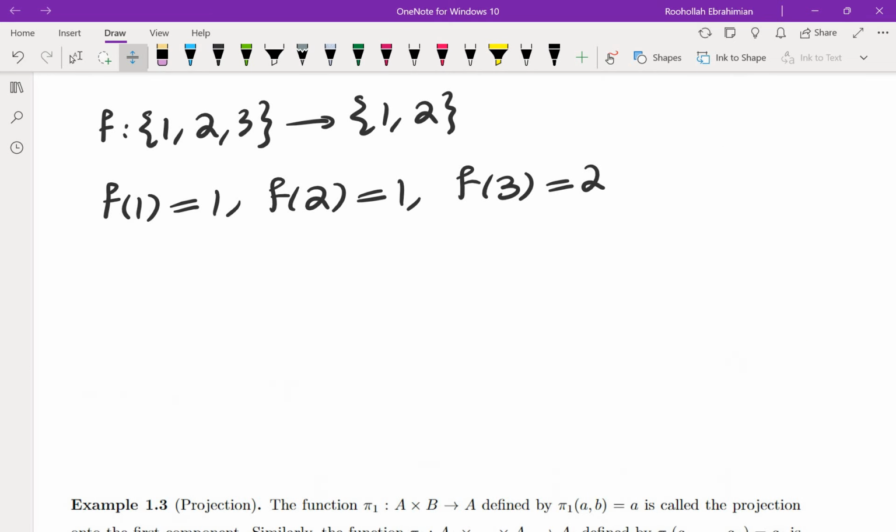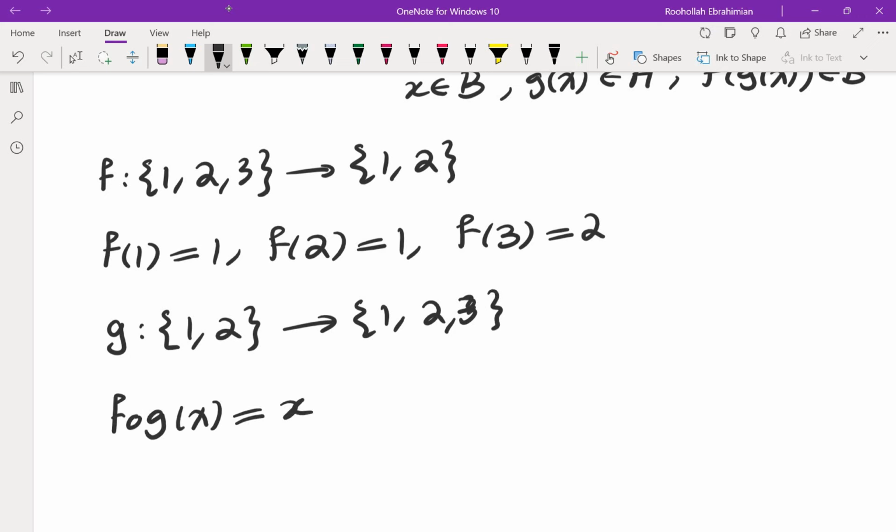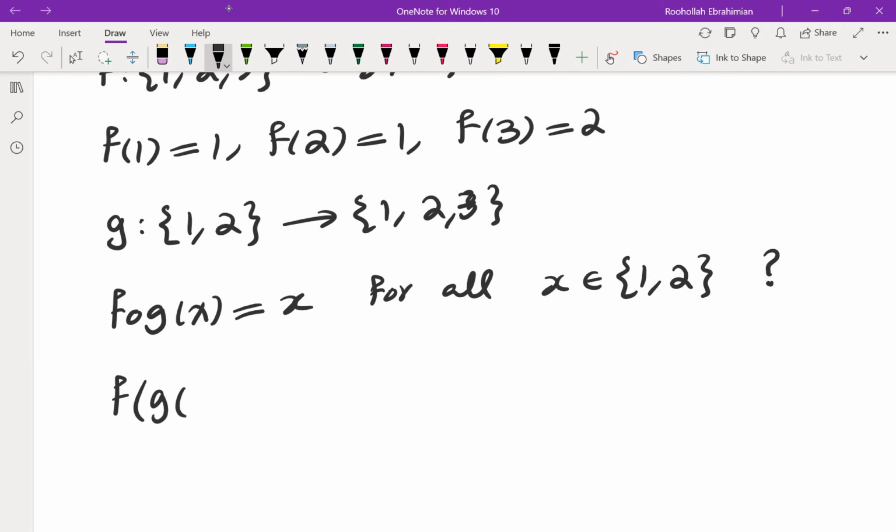I want to see, is there a function g from {1, 2} to {1, 2, 3} that satisfies f o g of x equals x for all x in the domain of g, {1, 2}? If there is such a function, then I would need f of g of 1 to be 1 and f of g of 2 to be 2. These are the only things that we need.